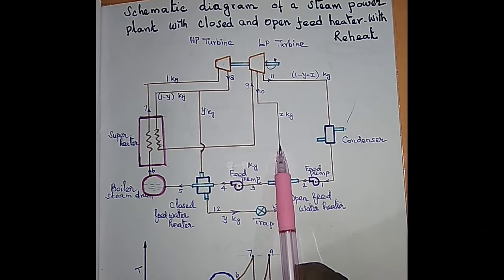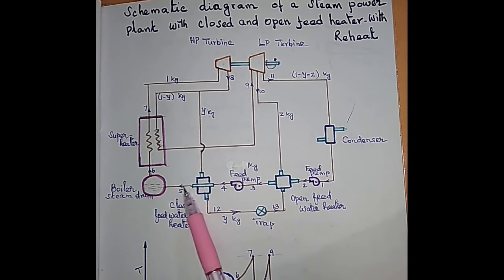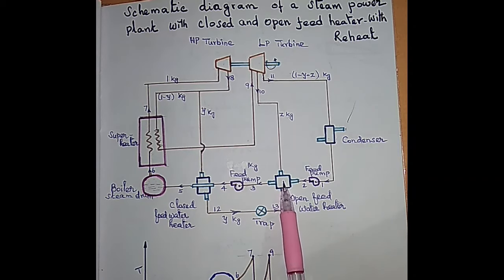So the steam loses the heat and gives it to the feed water. The temperature rises and that feed water is passed through the tubes of the closed feed water heater. The difference between the open feed water heater and the closed feed water heater is that here the steam which is bled as well as the condensate are getting mixed up.